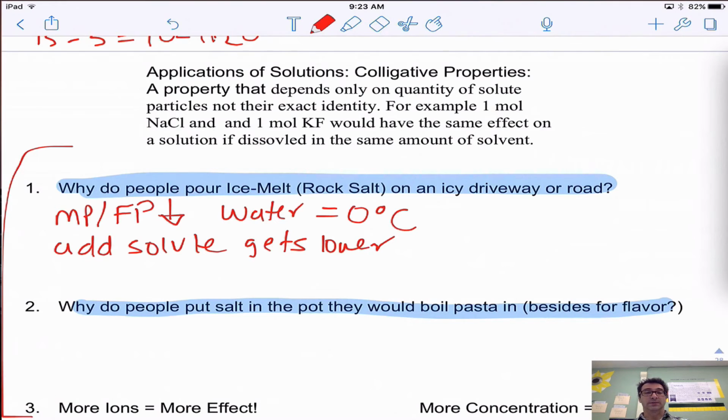So we'll do an equation on the next couple of slides in the next video that describes that. When we add any kind of solute to water and it dissolves, it will lower the freezing point. Water normally freezes at about 0 degrees. If it snows and the roads ice up, the salt trucks will come and put salt down on the road. That salt will lower the freezing point of the water and it will melt that ice.